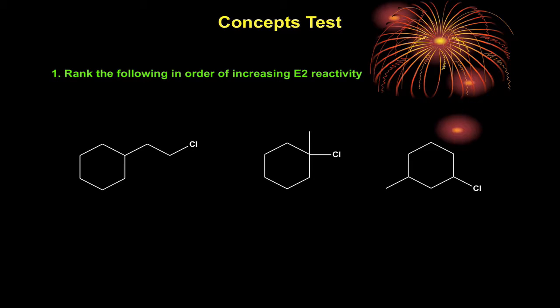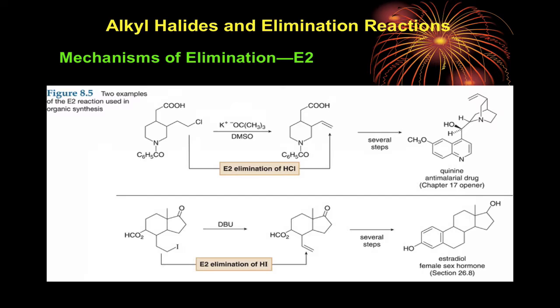Primary alkyl chloride, right. What's going to be the next most reactive? The secondary alkyl chloride, and then of course this is going to be the most reactive, right? Okay. So we're going to have situations where we can rank these based on what type of alkyl halide we have.